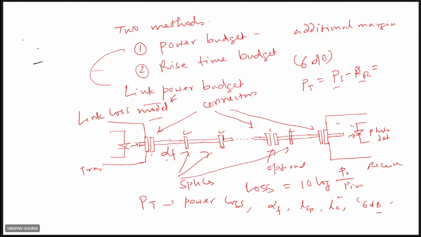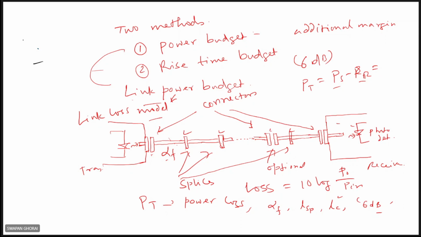Okay. So last time we discussed these two link analysis methods: one is power budget analysis and the other is rise time budget analysis. In the power budget analysis, generally we consider the link loss models. In this chapter we are discussing transmission link analysis. Once you choose the components, sources, detectors, fibers, connectors, splices, etc., next you have to see whether those components can meet the system requirements.